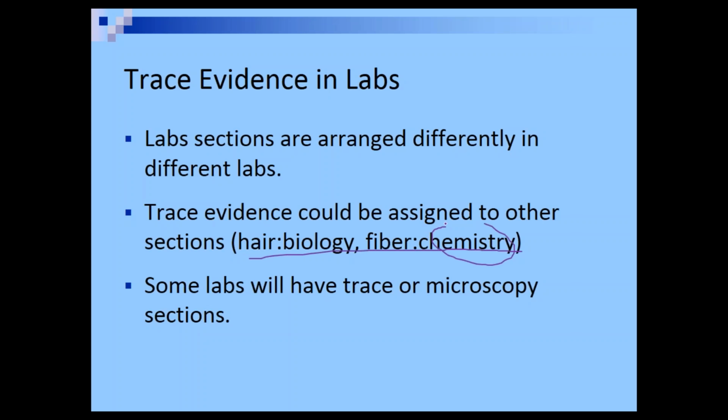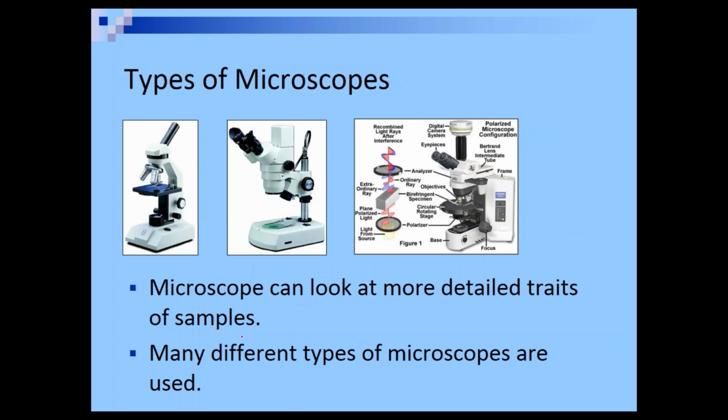Usually if you're a drug chemist, you're doing drug chemistry full time, and if you're in the biology lab, you're doing DNA analysis and serology full time. Okay. So some labs will have that trace section, but like Alabama, a lot of states will just contract out because, again, it's rare that you'll find trace evidence, and even if it's found, it has to be a situation where you know it'll contribute to the case.